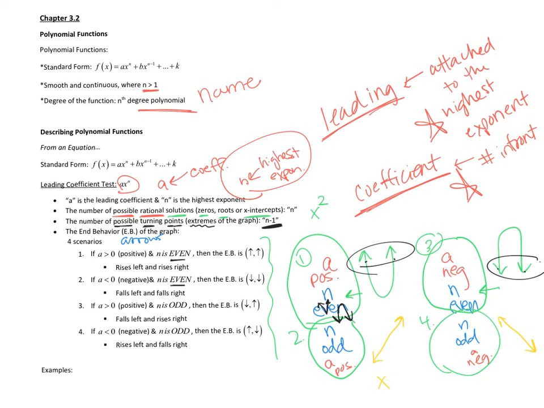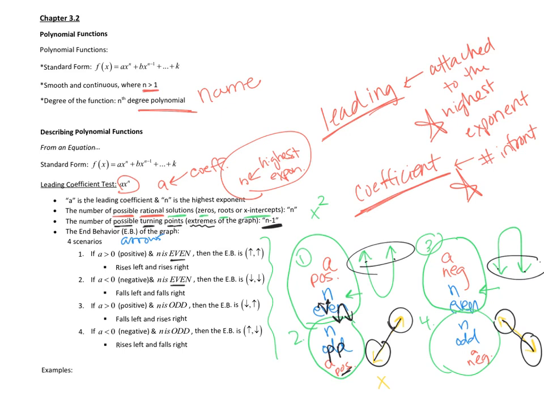What do we notice when they are odd and opposite of each other? I have one that goes down to up and one that goes up to down. If I connect them from left to right, the slope of that line describes positive versus negative. That's just a way that I can remember that leading coefficient test.